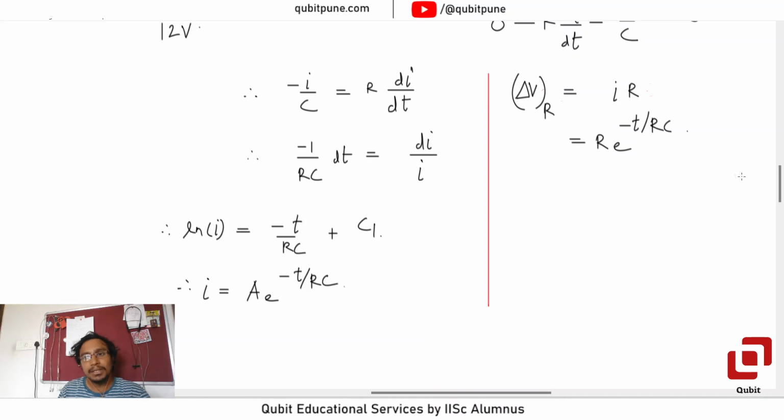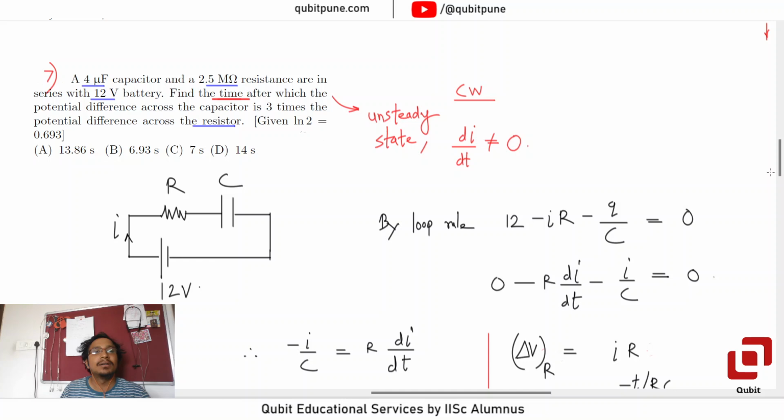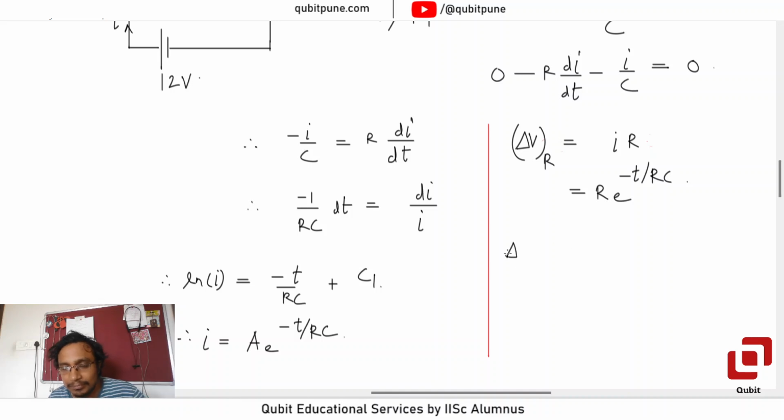Now, can you tell me what will be the potential difference across the capacitor as a function of time? Sir, Q naught times 1 minus e raised to negative t by RC divided by capacitance. So Q by C.